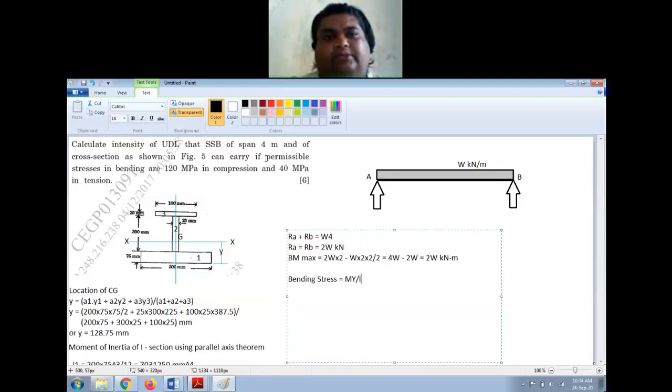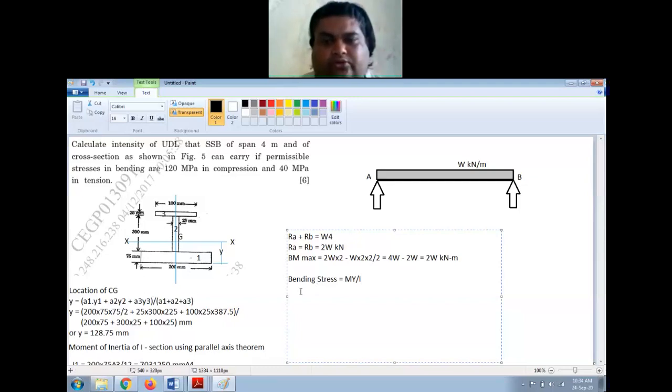The permissible stresses in bending are 120 megapascal in compression and 40 megapascal in tension. See, the fibers above this XX plane will have compressive stress, and below this plane will have tensile stress. So we need to find the load according to these two. Whichever is the minimum, we will be using that one.